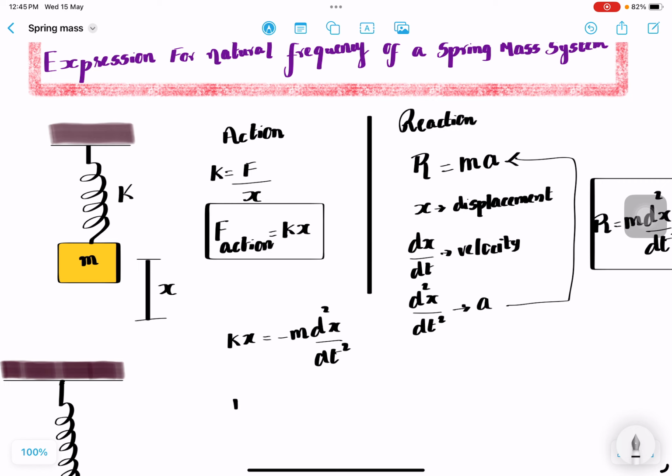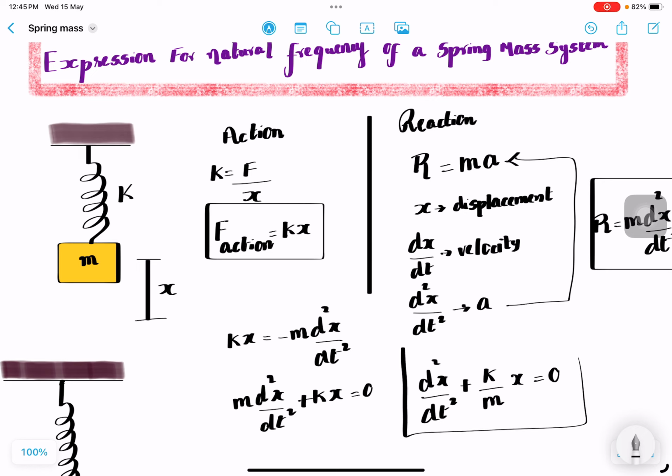I'll be getting m into d square x by dt square plus kx is equal to 0. What I'm going to do now is divide by m on both sides. So I'll be getting d square x by dt square plus k divided by m into x is equal to 0.